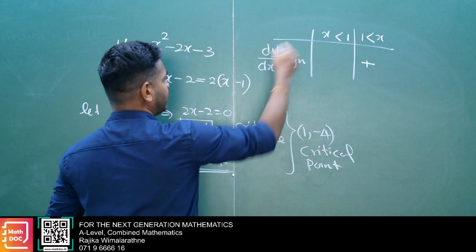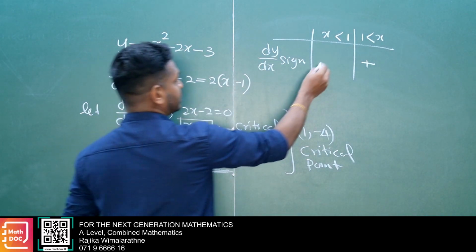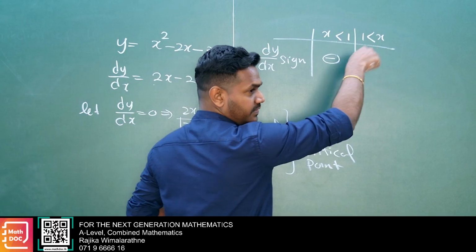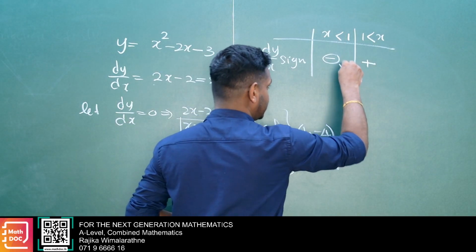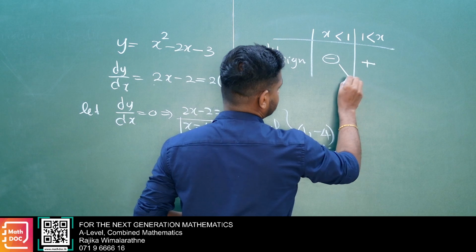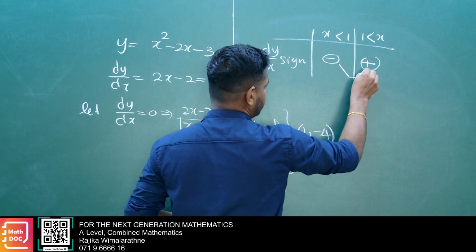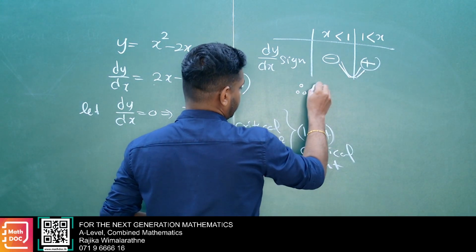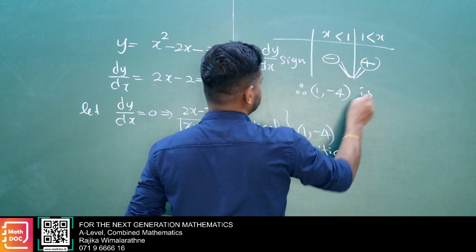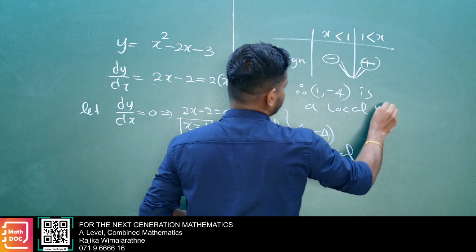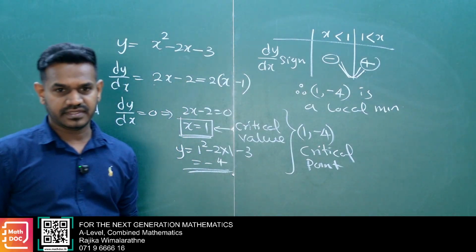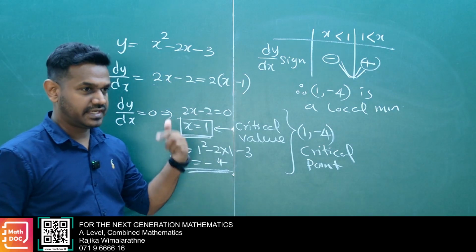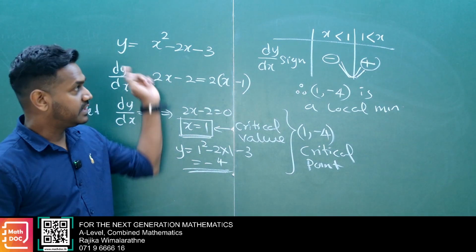And for less than 1 values, dy by dx is negative. Then negative to positive variation we say minimum. Here negative, at 1 zero, here positive. Therefore 1 comma minus 4 is a local minimum. That's how we identify. So by using the quadratic method also we can analyze the same. By using differentiation we can analyze critical points. Okay, do that example.